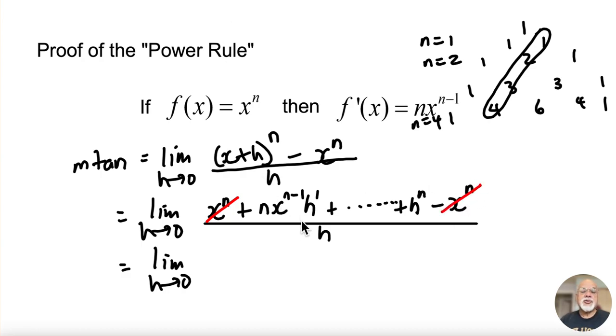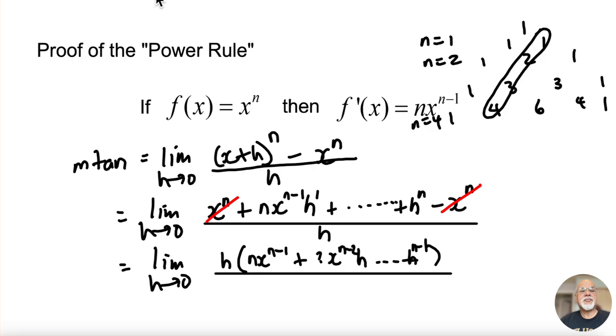All the other terms will have h's in them, including this first one. So if I factor out that h, we end up with nx to the n minus 1 plus whatever the next coefficient is, x to the n minus 2, h, and so on, all the way down to h to the n minus 1, all over h. And now the h's cancel.